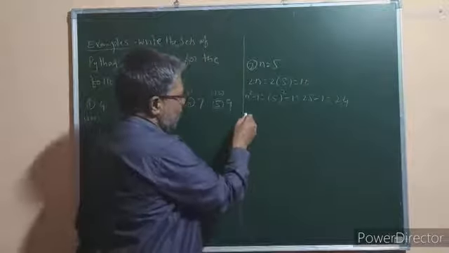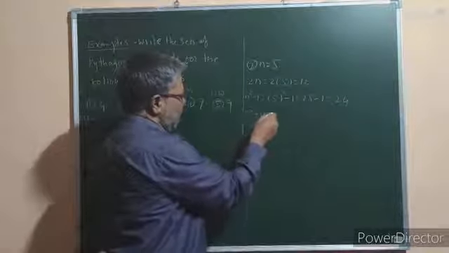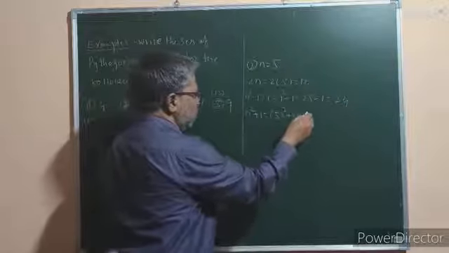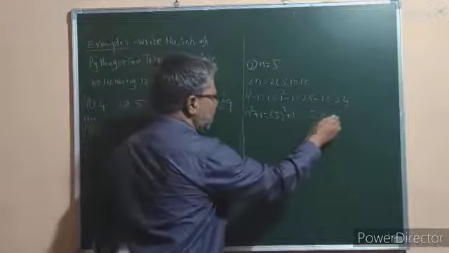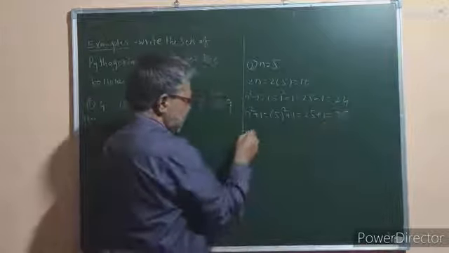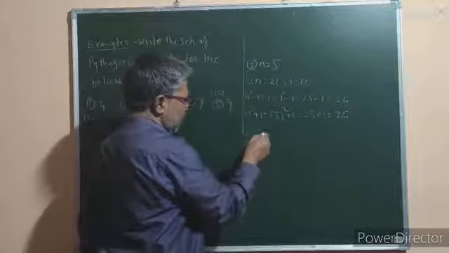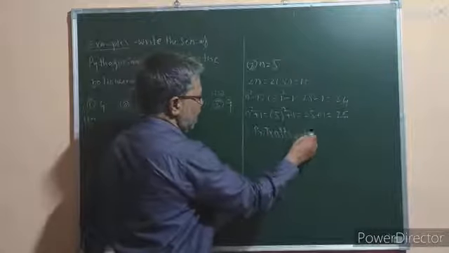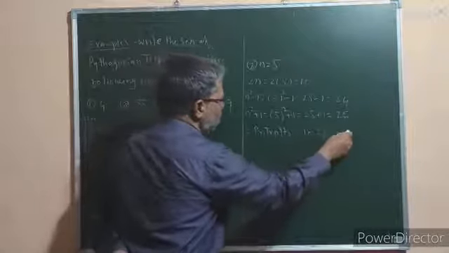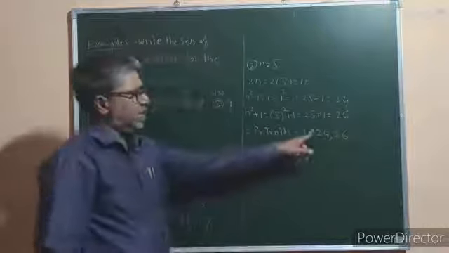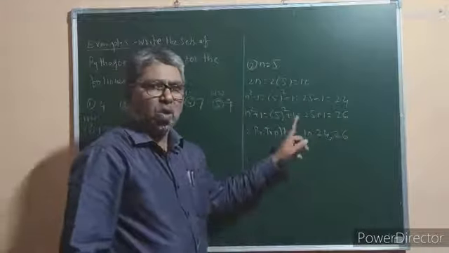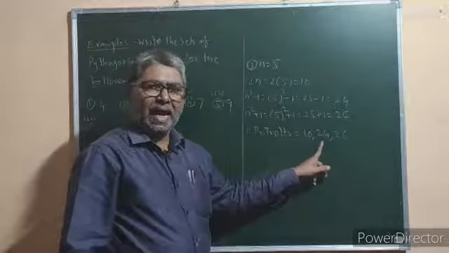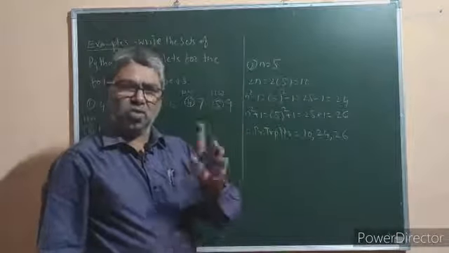Alright, now find n square plus 1, which is equal to 5 square plus 1, which is equal to 25 plus 1, which is equal to 26. Therefore, the Pythagorean triplets will be 10, 24, 26. 26 square is always equal to the sum of 10 square and 24 square.